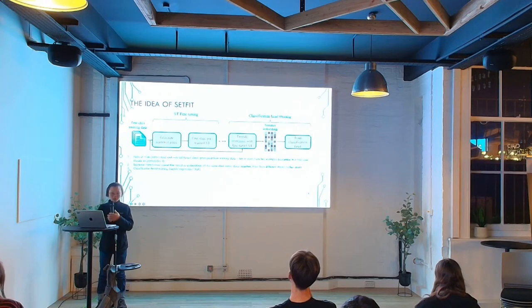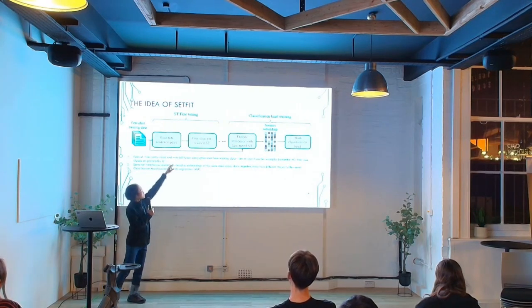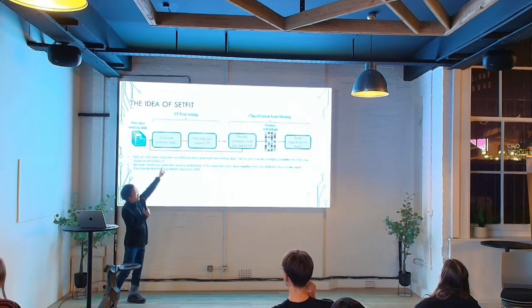In terms of how we get from your text labels to your classification, we know that we have these embedding models and we want them to be able to separate the classes. This is where the sentence transformer fine-tuning part comes in.